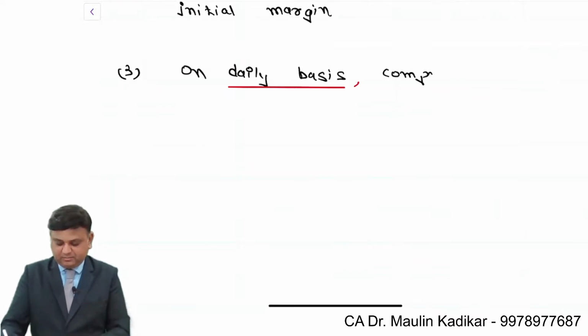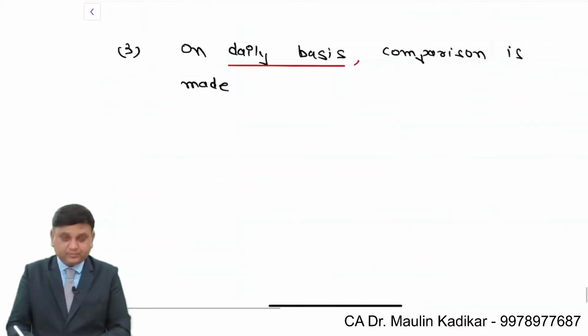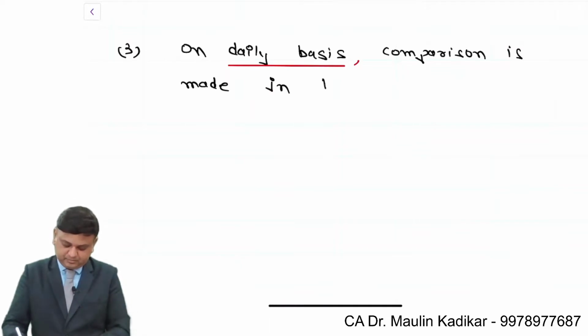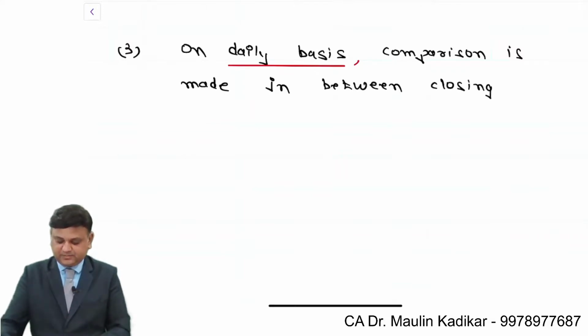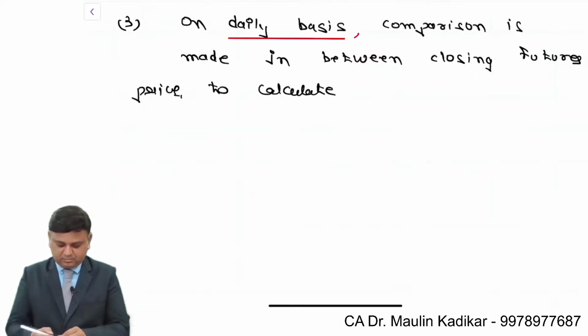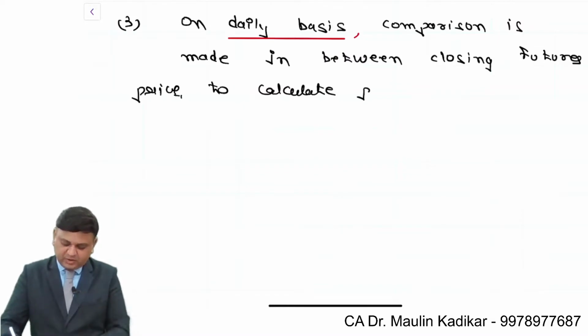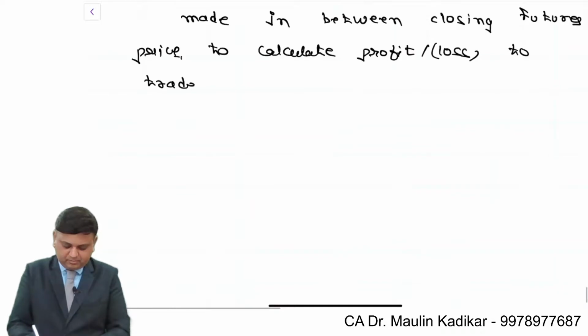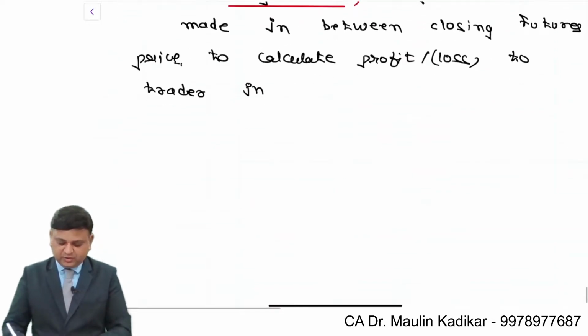comparison is made in between closing futures price, comma, to calculate profit or loss to trader in futures contract.